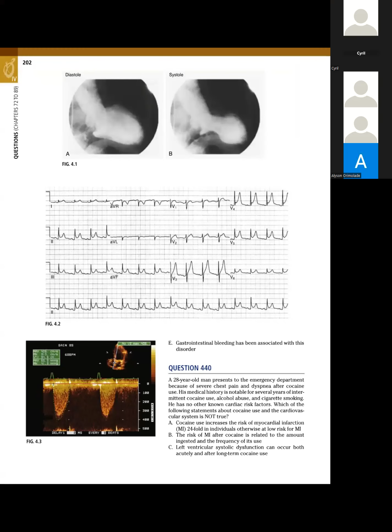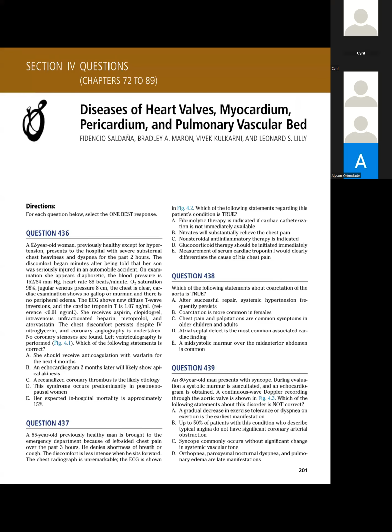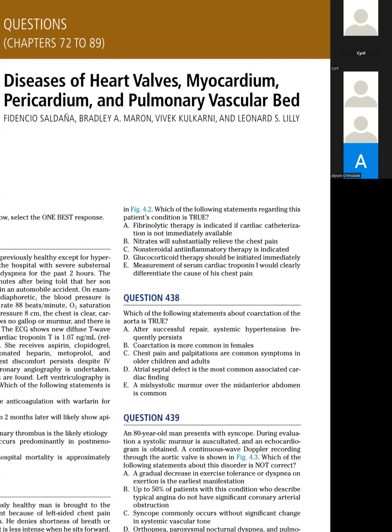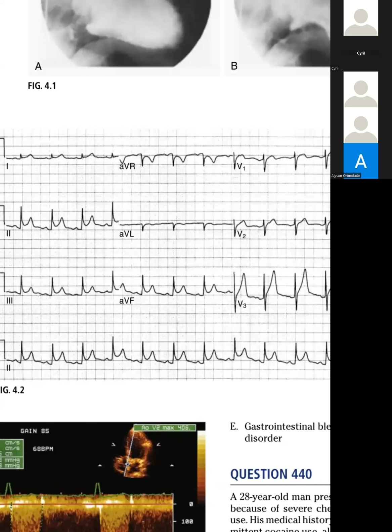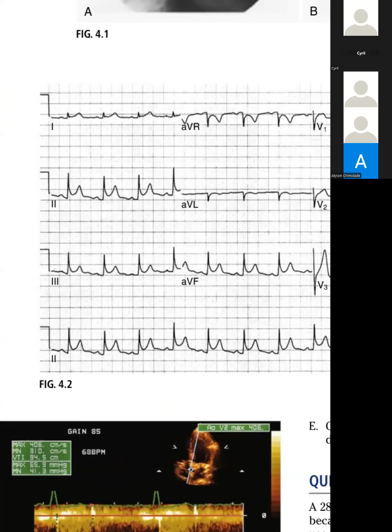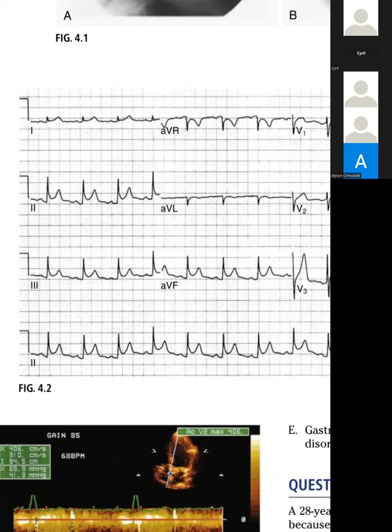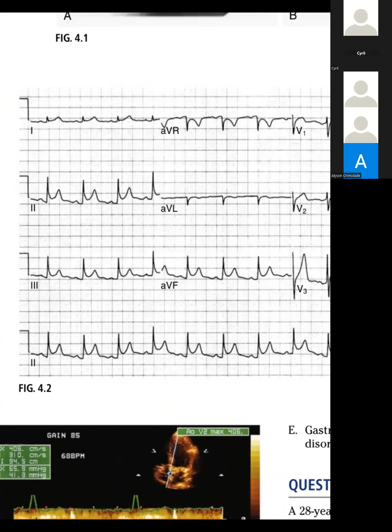Additionally, there's a depressed PR segment. If you compare the TP segment to the PR segment, you notice that it's actually depressed. It's below the isoelectric line. Aside from the elevated ST segment, if you look very well, the TP segment is what we use as the isoelectric line. You notice that the PR segment is depressed compared to the line that we are supposed to use to compare the ST segment.